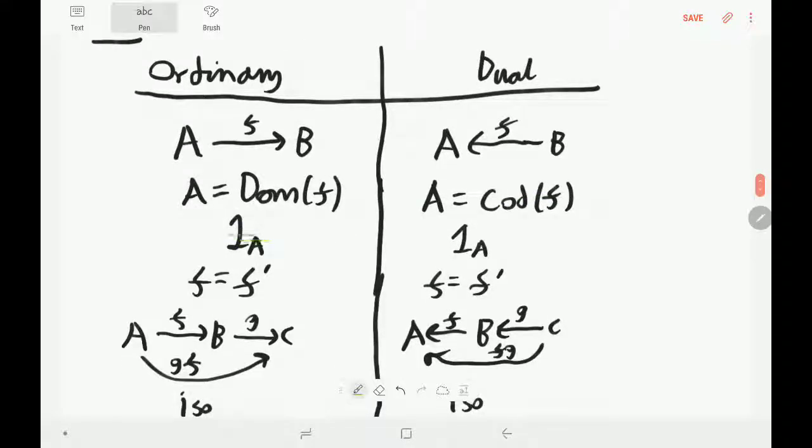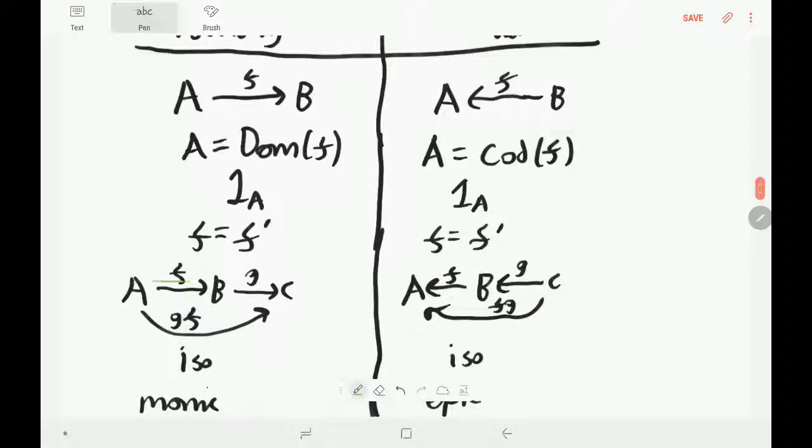When you dualize, identity arrows just become identity arrows. Equalities stay the same, but we have to reverse the order of composition. So if in the original category we've got g after f, when we dualize, the arrows reverse and this composition becomes f after g.